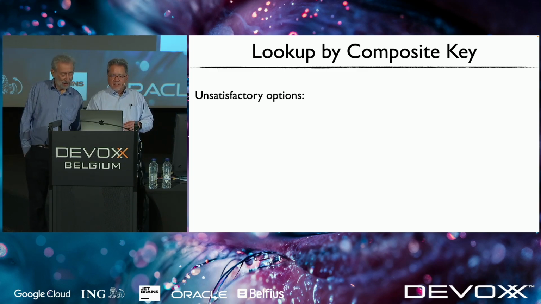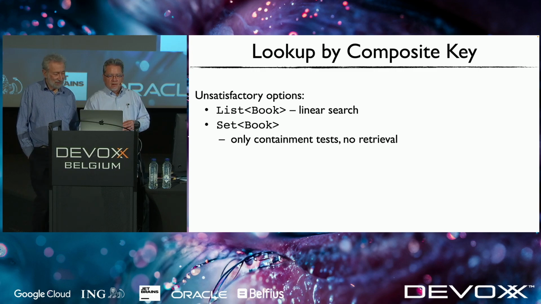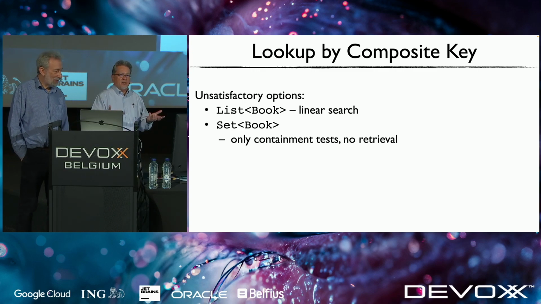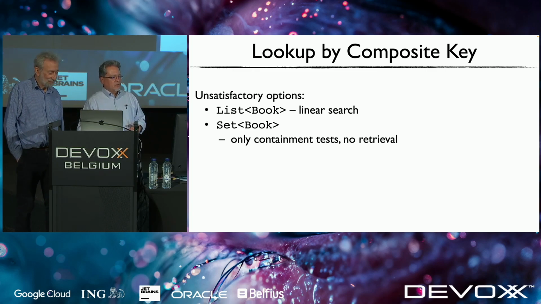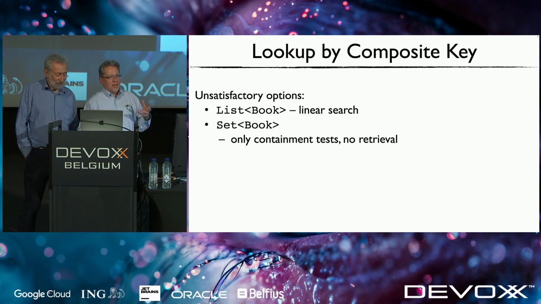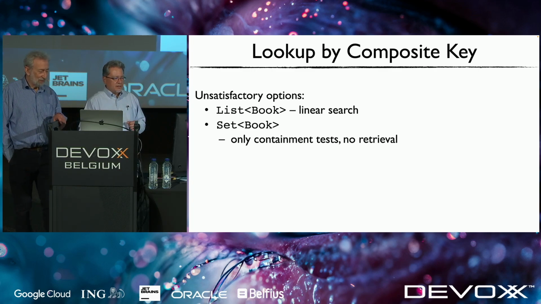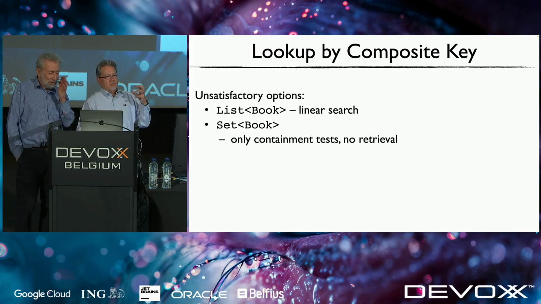Okay. All right. So we went through a number of unsatisfactory options here, right? We started off with a linear search. Okay, that's too slow. Looking in a set is really useful because we have an order-constant contains check, but aside from all the other issues, we can't retrieve objects from a set.